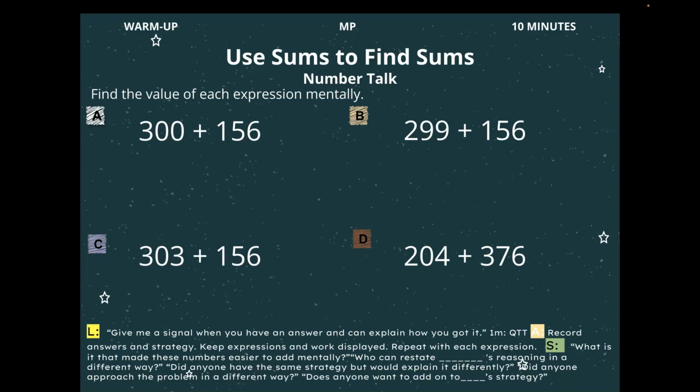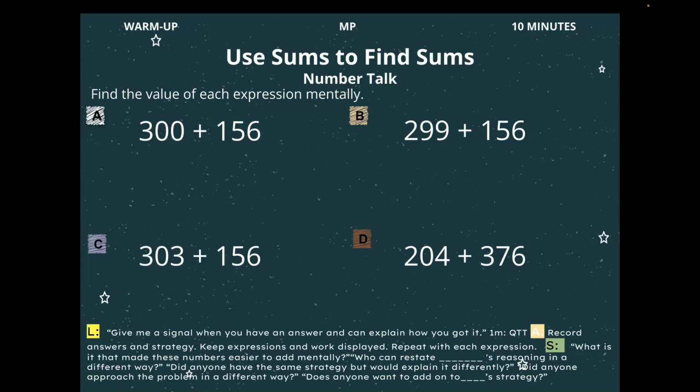Alright, so A was 456. I immediately see the 56 plus 0, so that's 56, and then 300 plus 100 is 400, so you have 456. The sum of B is 455.